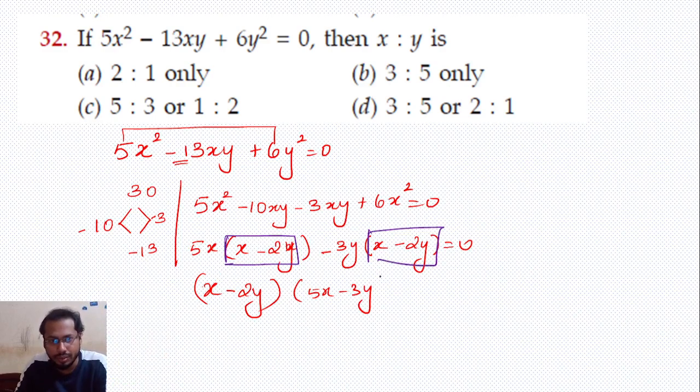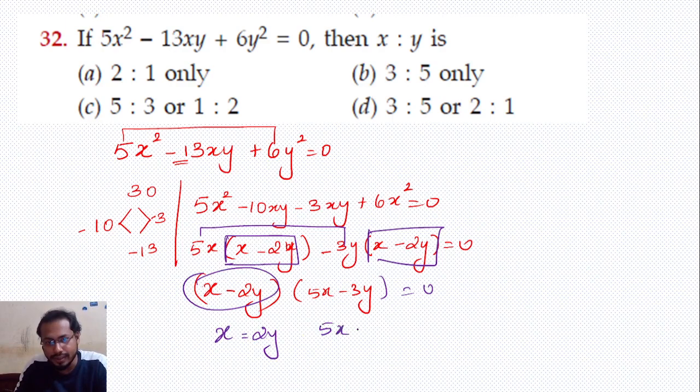So x minus 2y, then 5x minus 3y, that is equal to 0. Okay, so now can we write this? Look at this, x is equal to 2y, here 5x is equal to 3y. So x by y is equal to 2 by 1. x by y is equal to 3 by 5.